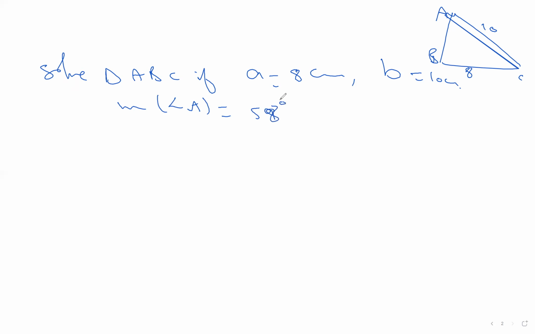How can we solve this triangle? The given is two sides and a non-included angle. Are we going to use the sine rule or the cosine rule?